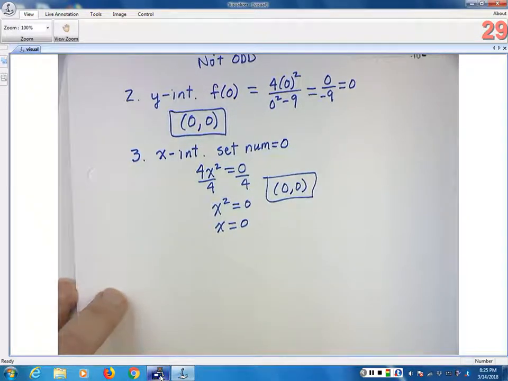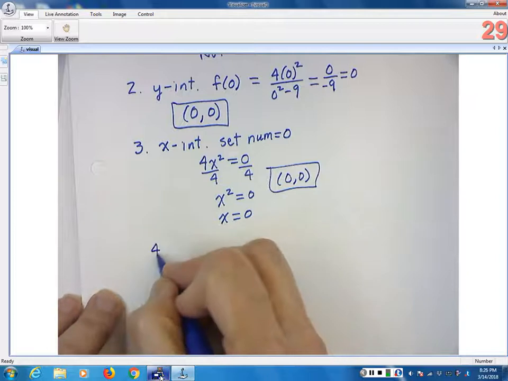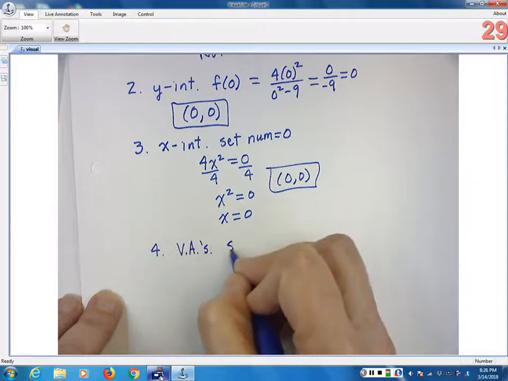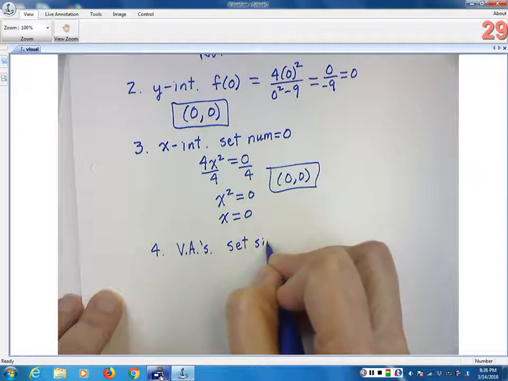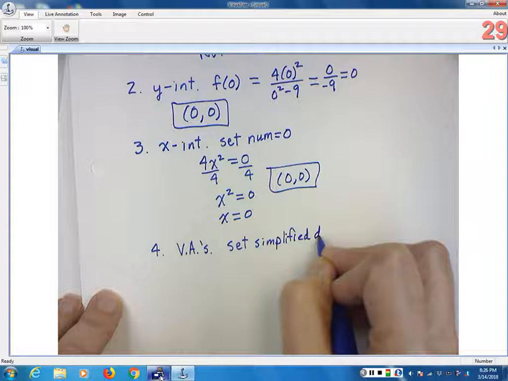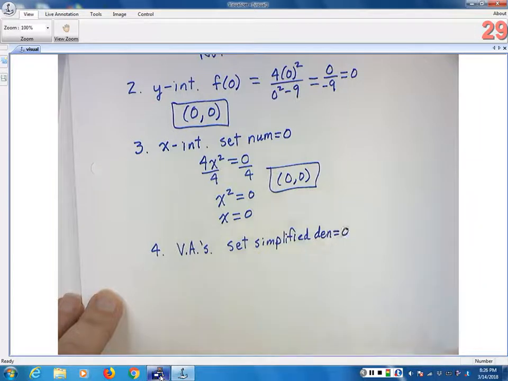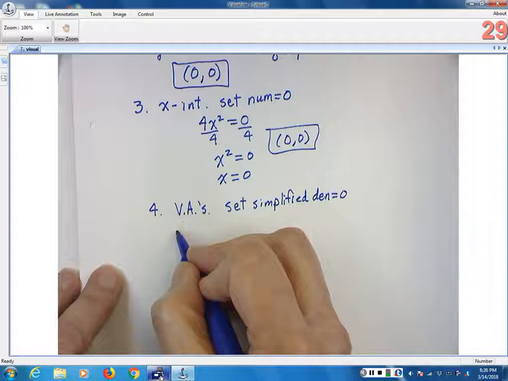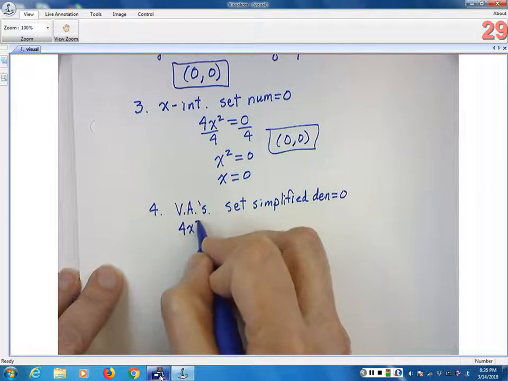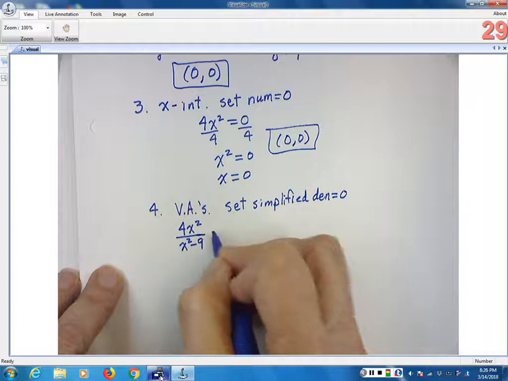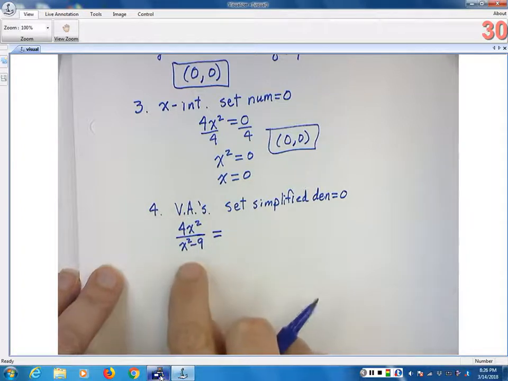Okay, now we're going to find our VAs. So we want to set the simplified denominator equal to 0. So let's first simplify our function if it simplifies. Now this is a difference of perfect squares.